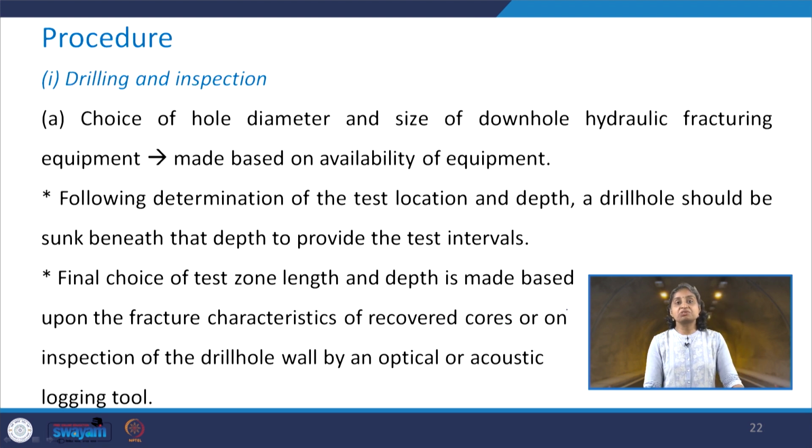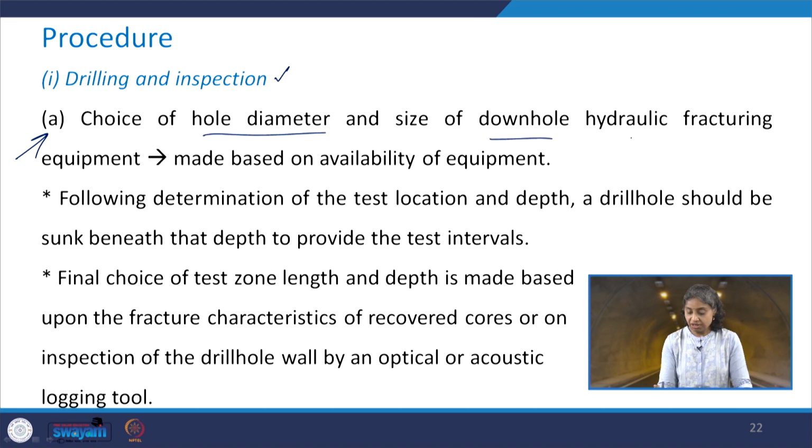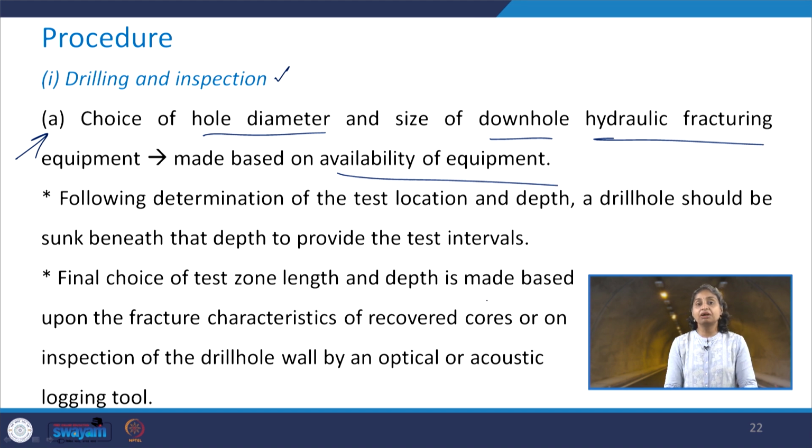Coming to the procedure of the test. Here we are going to discuss the stepwise activities which are to be carried out during the conduct of this test. The first one is the drilling and the inspection. In this category, the first step is the choice of the hole diameter and the size of downhole hydraulic fracturing equipment, which is made based upon the availability of the equipment.